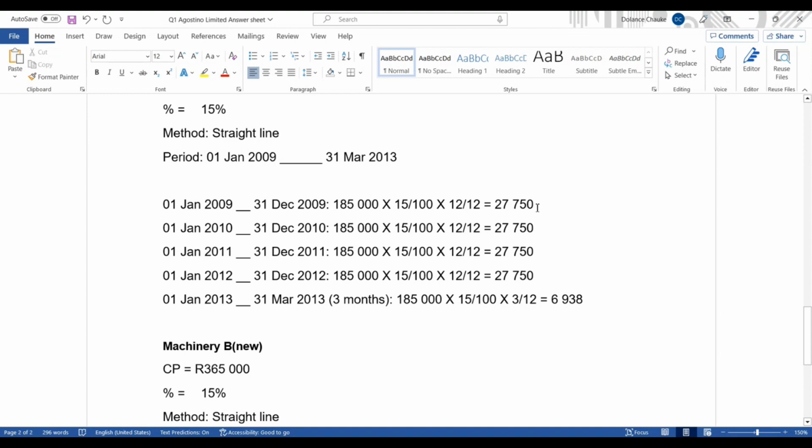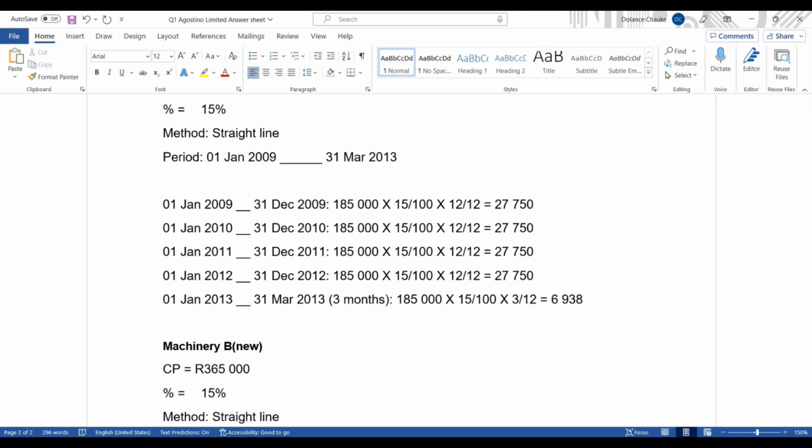Yeah, you do make sense. Yes, it's going to be 27,750. What I'm trying to say is that at the beginning of the year, when we purchased this machine on the 1st of January 2009, the depreciation of this machine was 0. Then when we operated the machine until the end of the year, we had a depreciation of 27,750, right?